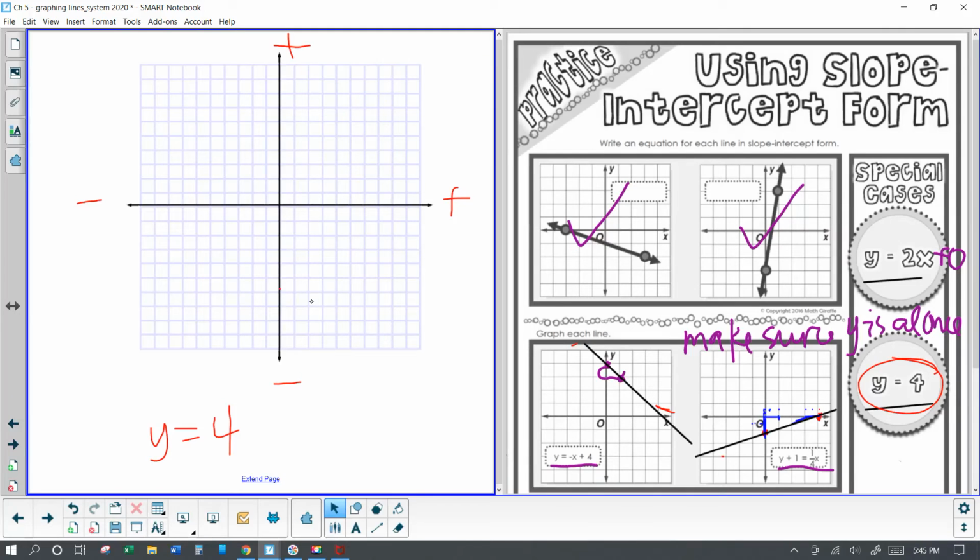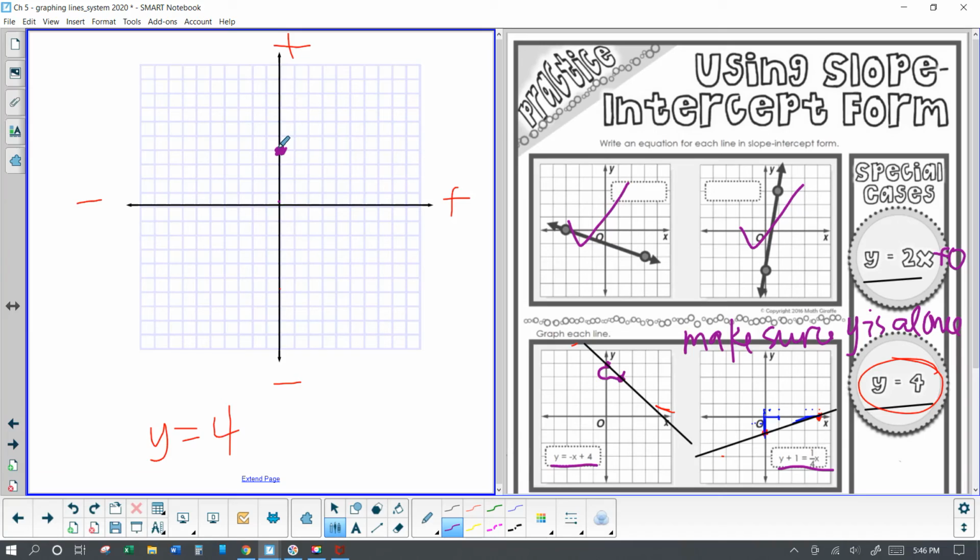So if I want to graph y equals 4, all I have to do is find the place where y is equal to 4. So I count from the center, up 1, 2, 3, 4 places. Let me get my dot first. There's my point where y is equal to 4.